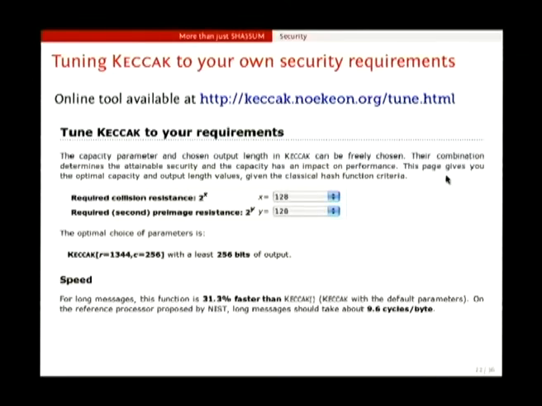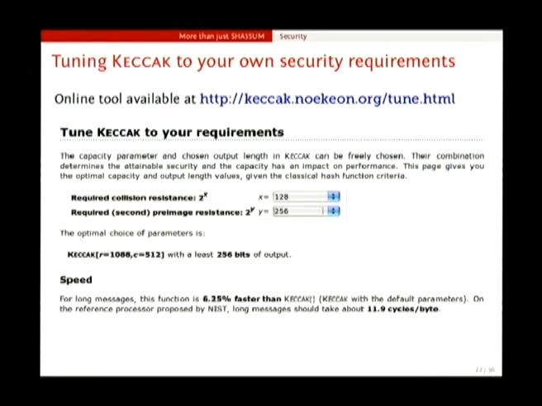This allows you to choose the parameters shown below, so you get that a capacity of 256 bits is sufficient. You see it's double of 128. For speed, this gives you on Intel Core Duo 9.6 cycles per byte.